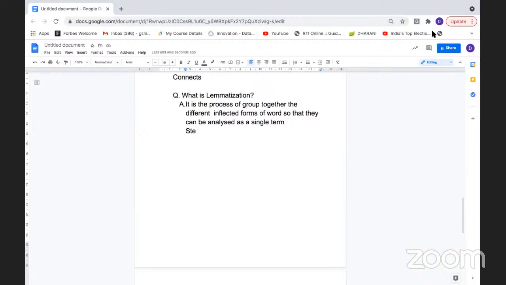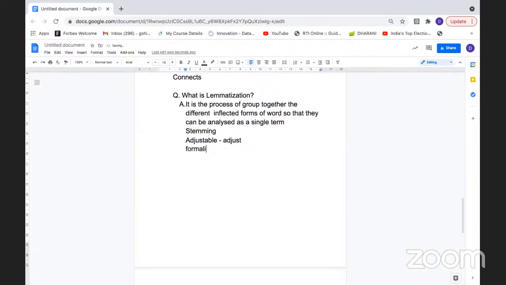When it comes to stemming, we have words like adjustable. For that, you write it as adjust. It becomes adjust, right?